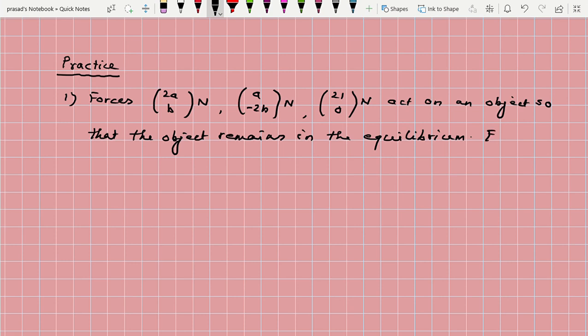Find A and B. Okay, so again, equilibrium means the sum of all the forces is 0 Newton.